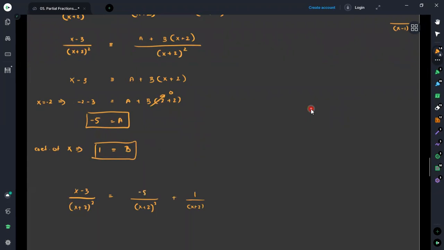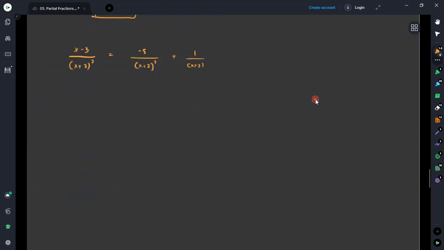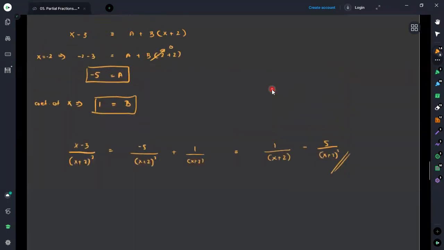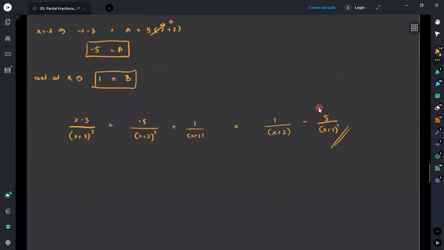If you need, we can keep it in this way, but according to the form that we are having, we can rearrange this as 1 over x plus 2, then minus 5 over x plus 2 squared. Therefore, this is how we are decomposing into partial fractions if we are having a repeated factor in the denominator.